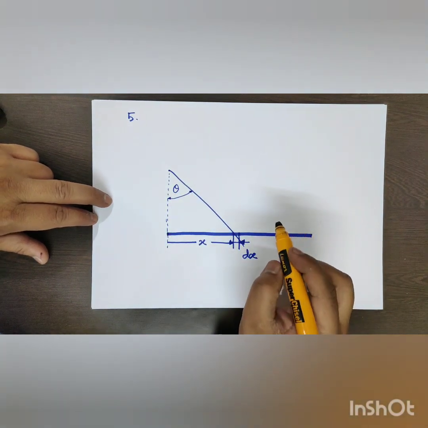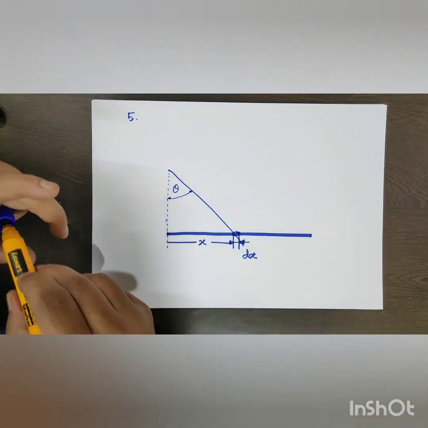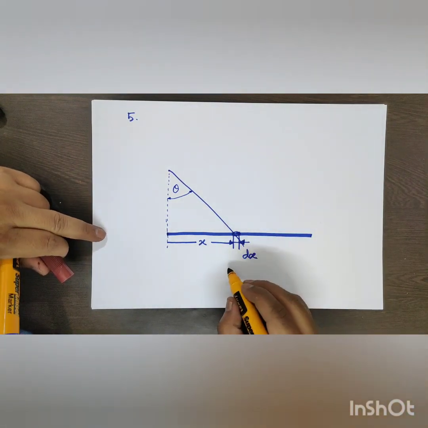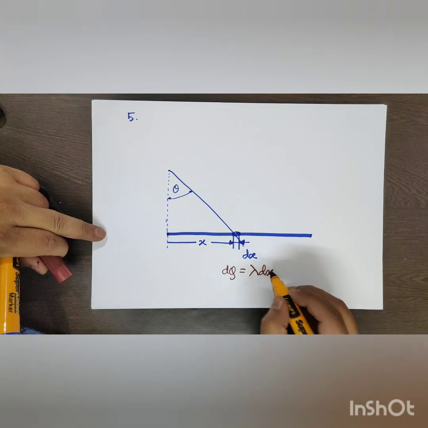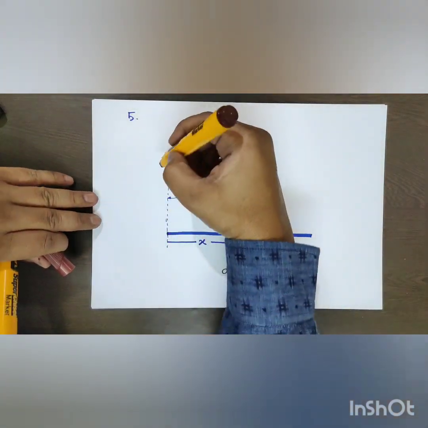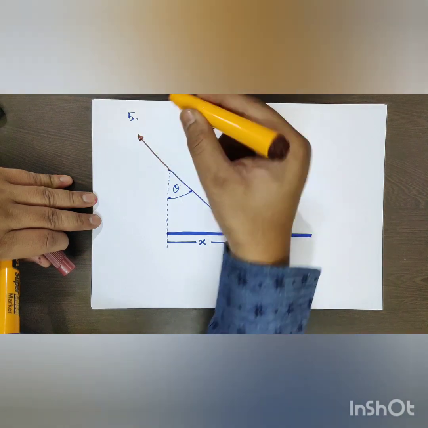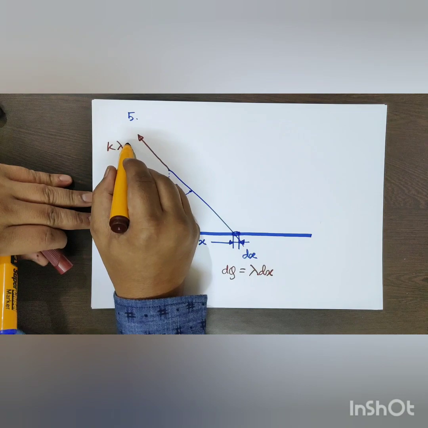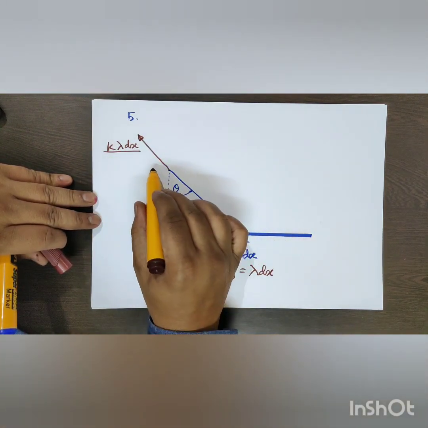Okay, so the charge dq in the small length is equal to lambda times dx, and the field will be this way, k lambda dx, kq by r square, right?